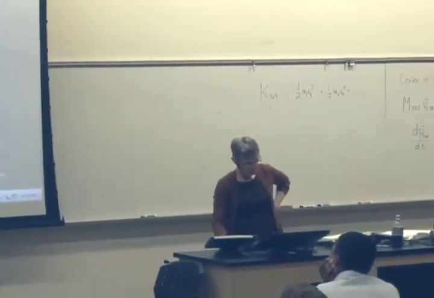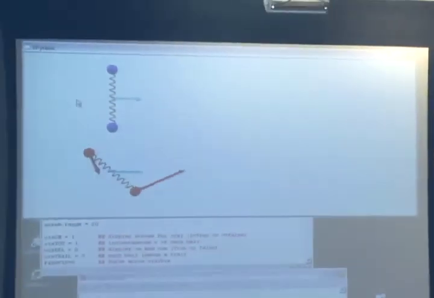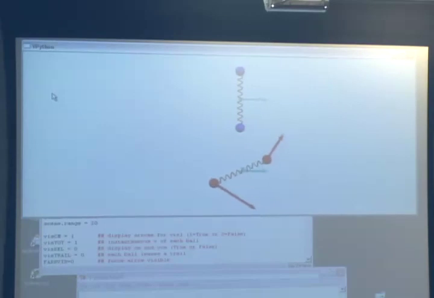That's not true of the bottom one, though. So the red arrows are the actual velocity of each ball at whatever instant we're looking at it.